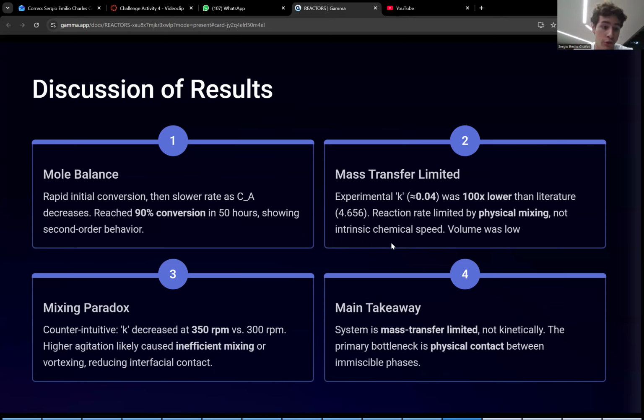The mixing paradox, well, counterintuitive: k decreased at 350 RPMs versus 300. So a higher agitation likely causes inefficient mixing or vortexing, reducing interfacial contact. Also, our main takeaway is that the system is mass transfer limited, not kinetically limited. The primary bottleneck is the physical contact between the immiscible phases.